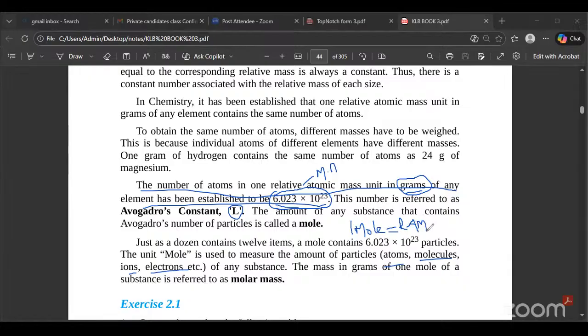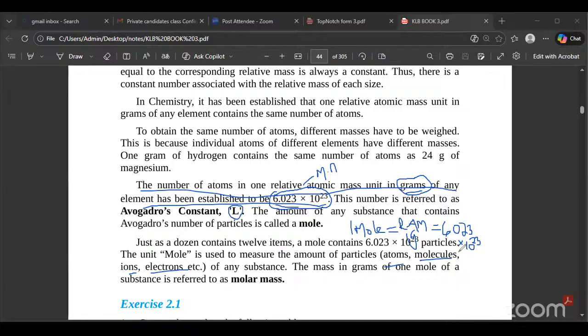We are using what we know, which is equivalent to 6.023 multiplied by 10 raised to 23. So 1 mole of a substance will have the RAM in grams, na pia iko na how many particles? 6.023 multiplied by 10 raised to 23. That is from the definition that we have gotten.